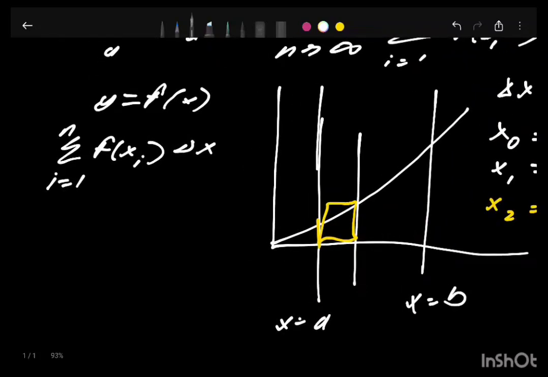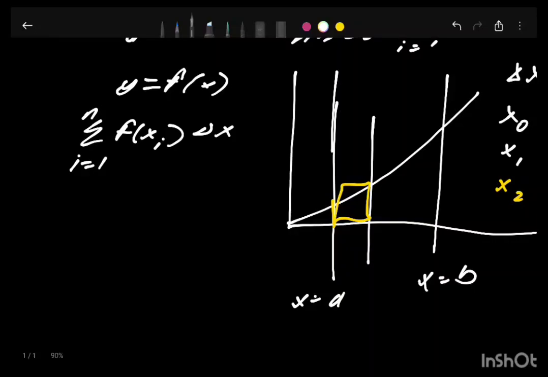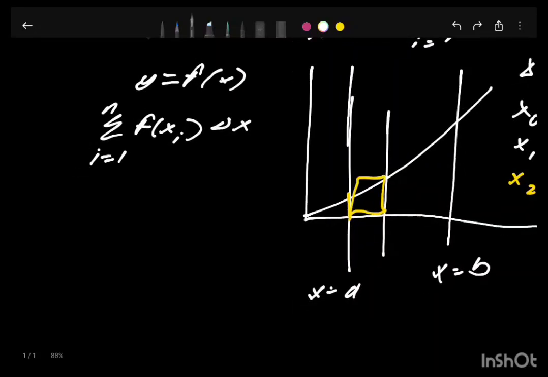How can we use infinity on this summation? We can use infinity by using limits. What a limit tells us is that as the number of rectangles gets closer and closer to infinity, it will never reach infinity, but the sum of the areas of the rectangles will be closer and closer to the area underneath the curve.